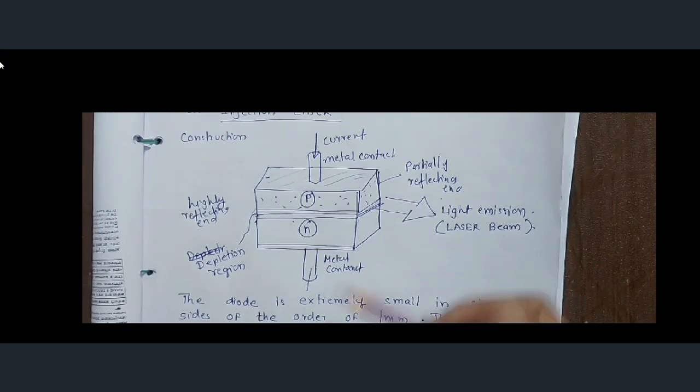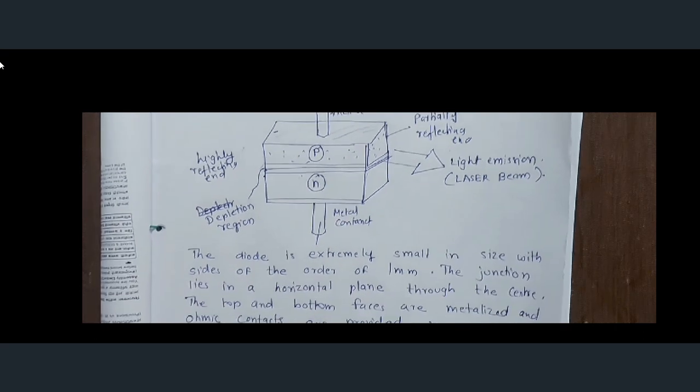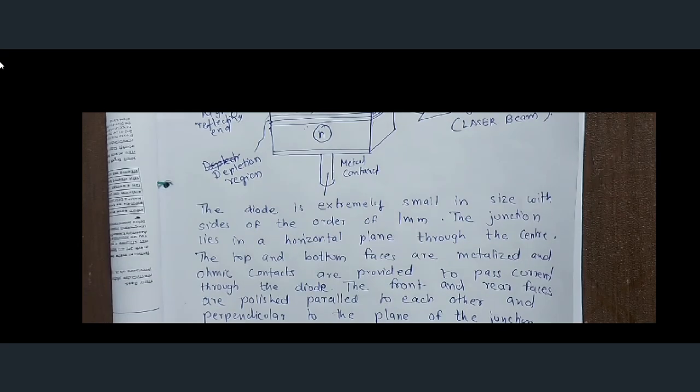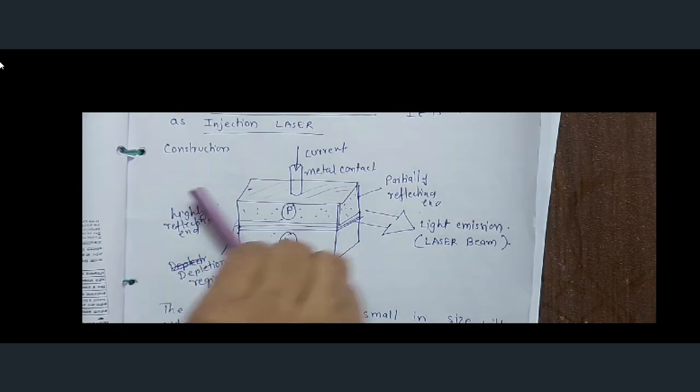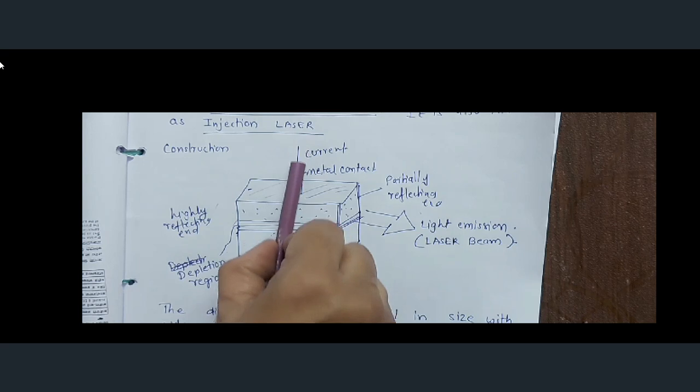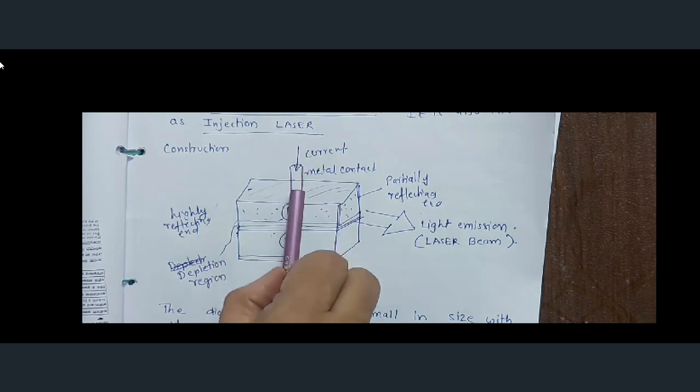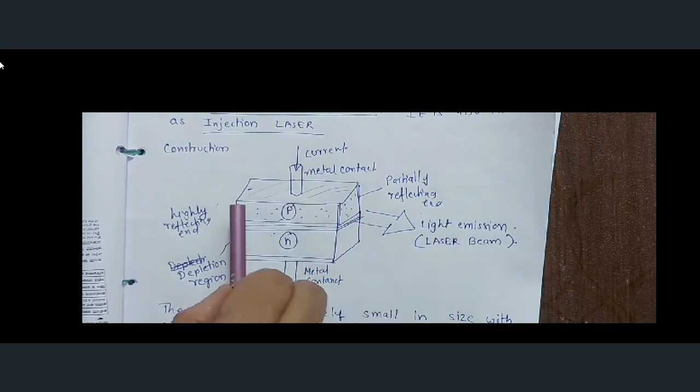This is the front, this is the back. These two faces are polished. One is partially polished and the second is totally polished. The portion that is partial is where the light will come out, and at the total one, total reflection will take place. This ohmic contact face is perpendicular to these two faces.